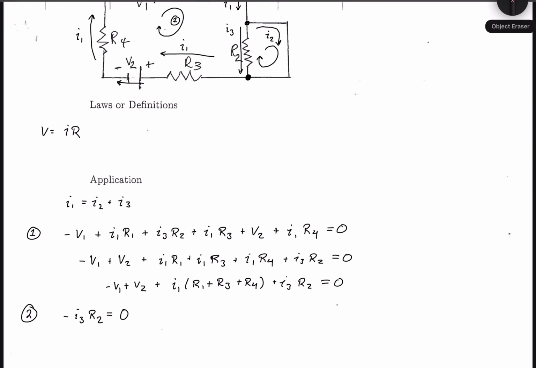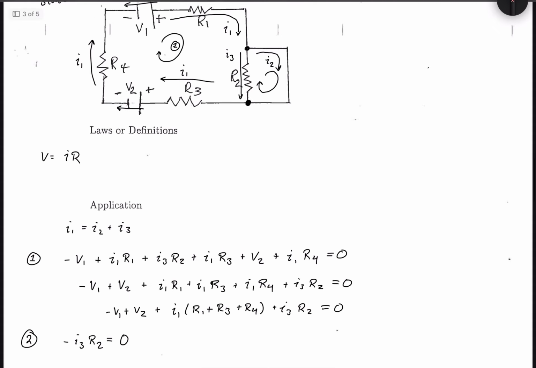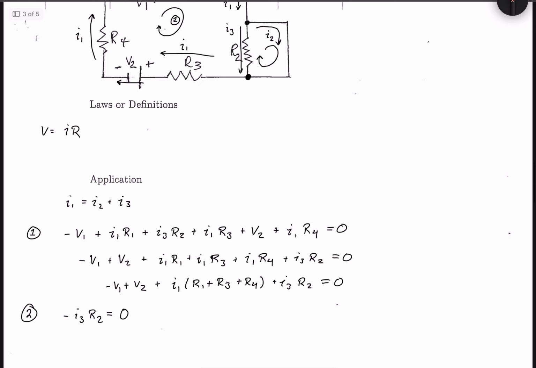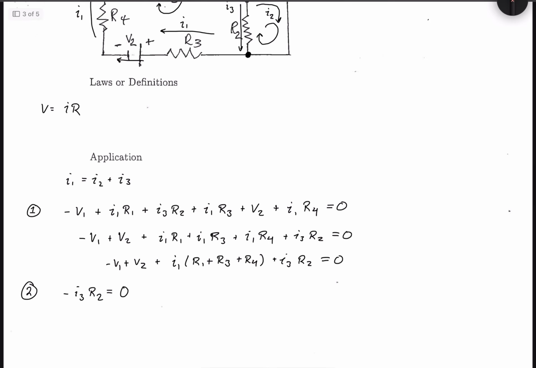It's like how an object has mass. It can't have 0 mass. If this is a resistor, it can't have 0 resistance, if you think about it. But what you can have is 0 current.